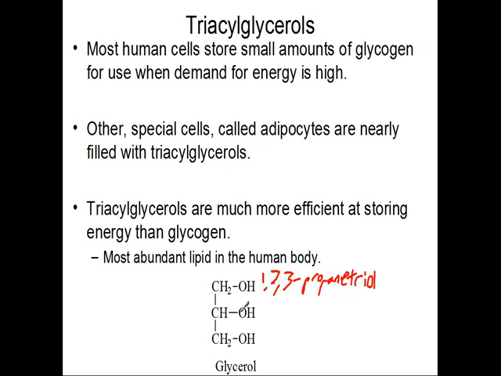And the way we store lipids is, if you think about it, lipids are a carboxylic acid, right? They may be a long chain carboxylic acid. And we can react carboxylic acids with alcohols, right? And that reaction is esterification.